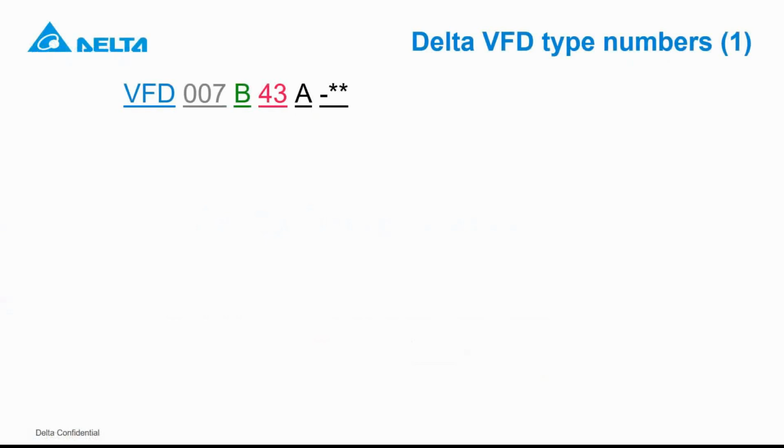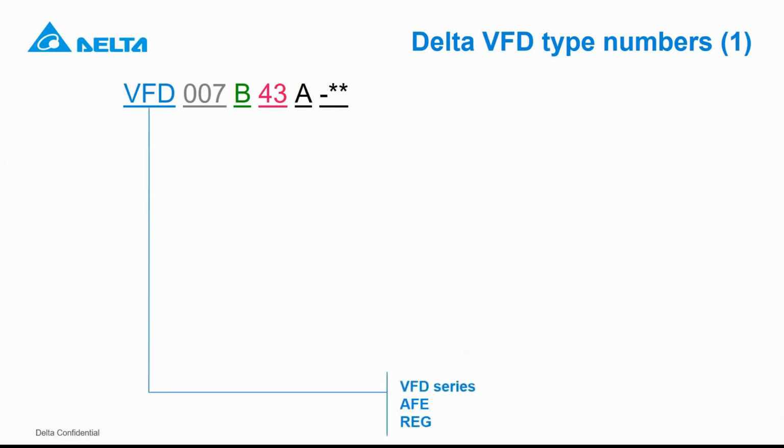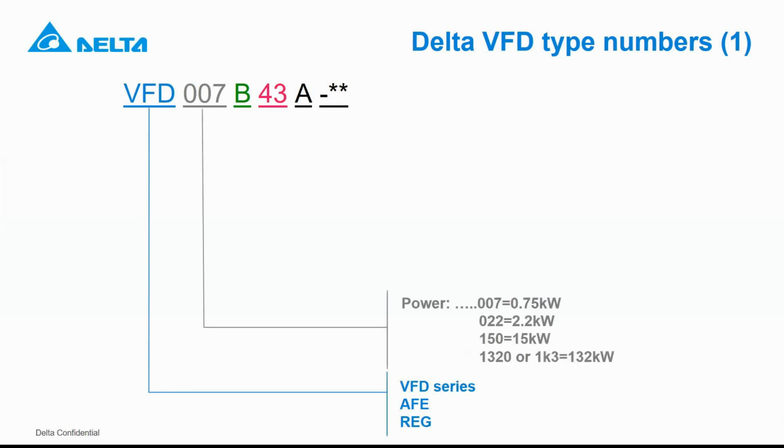Okay, so I'll move on to the Delta drives overview. Firstly, I'll explain a bit about how the drive type numbers are constructed. The first 3 letters normally stand for variable frequency drive, but we also have active front end and regenerative drives. The following 3 numbers show you the power of the drive.